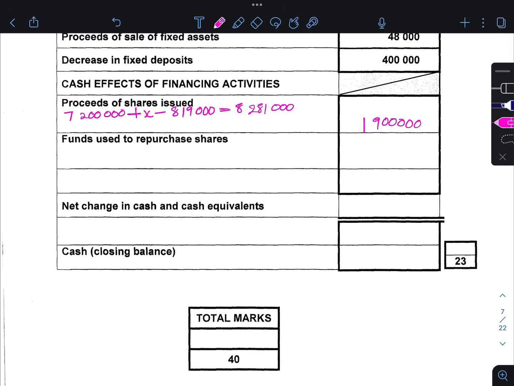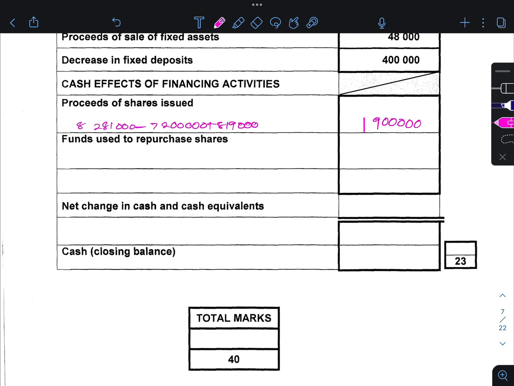But it is really important for you to show how you solved for X. For the sake of just showing, we can say 281 minus 7,200 plus 819. So what's really important now is the calculation. Let's just show it there. So your answer is 1,900,000.